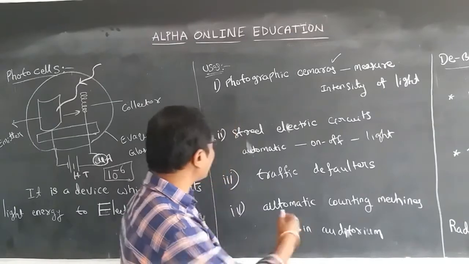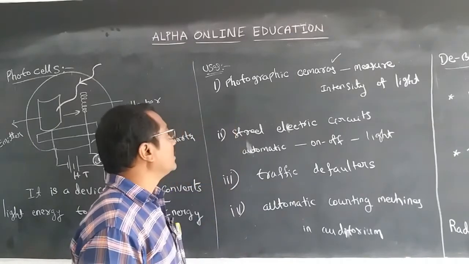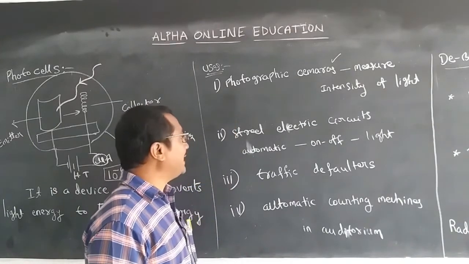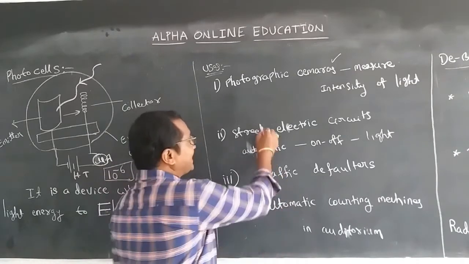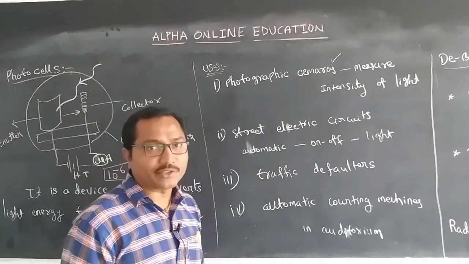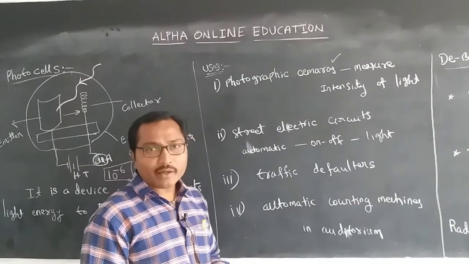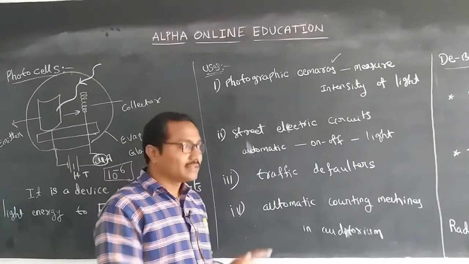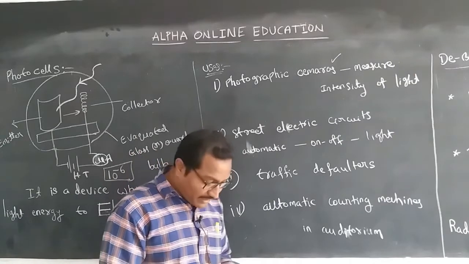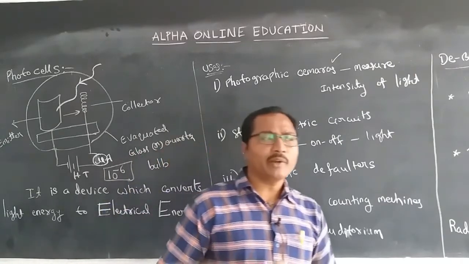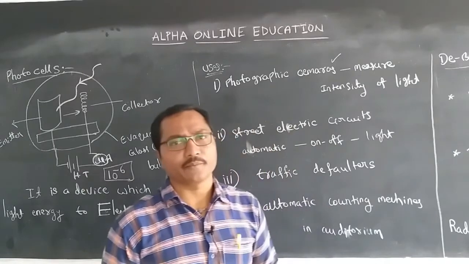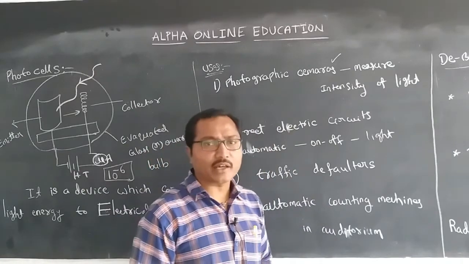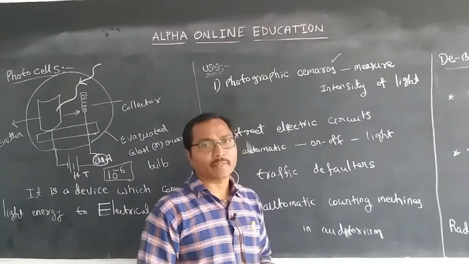Now coming to another case. These photocells are used in street electric circuits, for automatically switching the lights on and off. For example, there may be a road of 1 kilometer, 2 kilometers, or 5 kilometers in length. Otherwise, we are living in a city, a town, or a village.